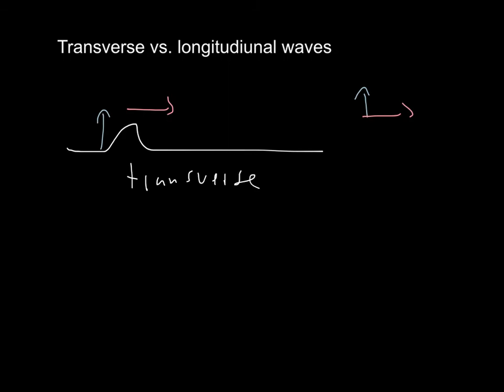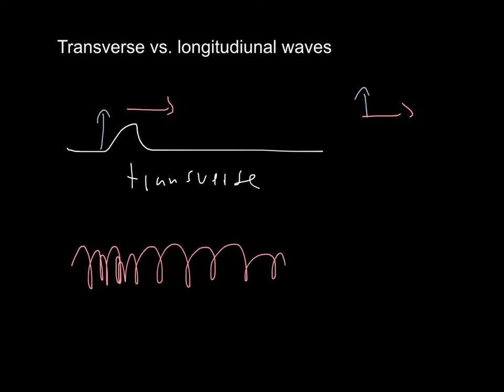However, there are some waves where the motion and the propagation are parallel to each other. So for example, imagine that I have a little slinky, and this slinky is more compressed in some places, less in others. I don't know if you can see that, but here the slinky is more compressed and here it is less compressed.